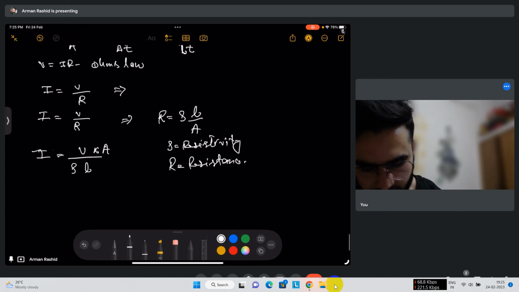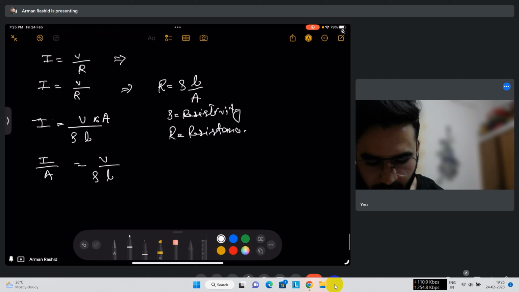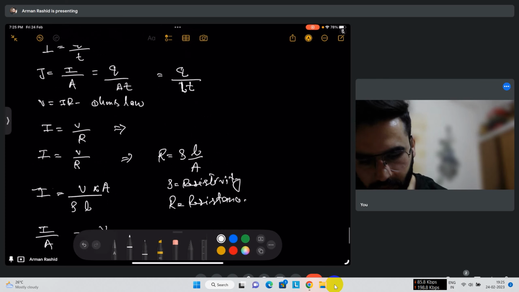Now I by A will be equivalent to V by L into sigma, but I by A is J, which I have shown here.